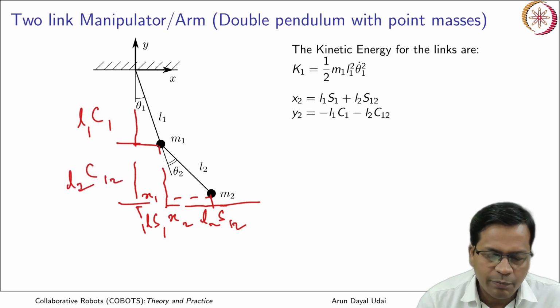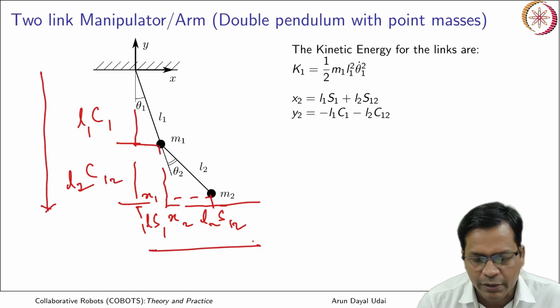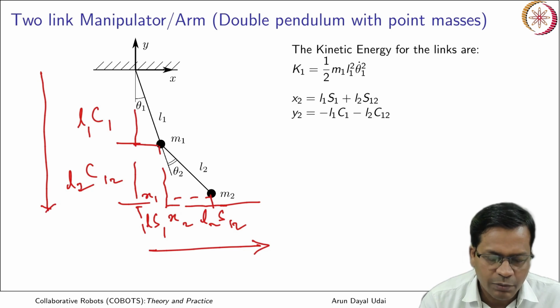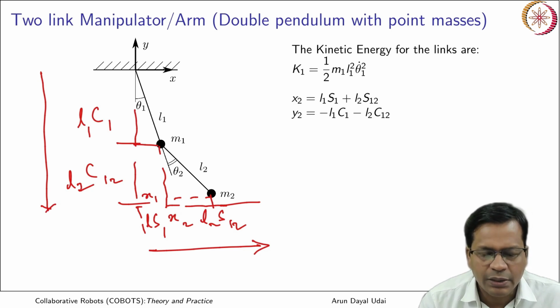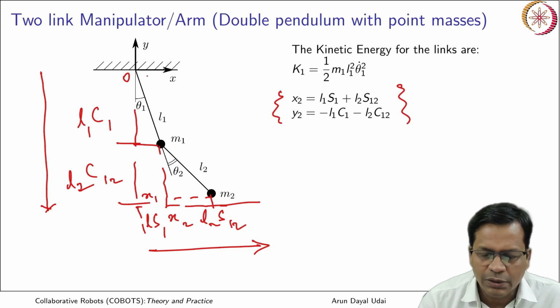Summing them together you can directly get the displacements along y and along x. Mind it, this displacement along y is considered negative because it is below the reference point. So these are x and y, that can directly be obtained using projections as we have done.